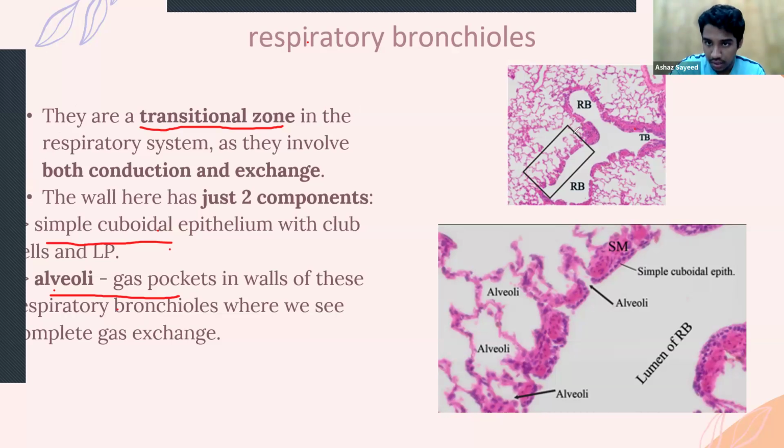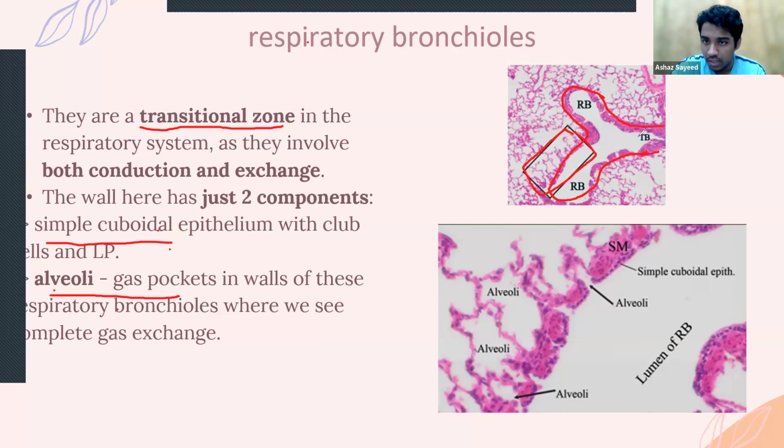It's alveoli. Look at this, look at the box right here. This whole thing is a respiratory bronchiole. This was a terminal bronchiole.